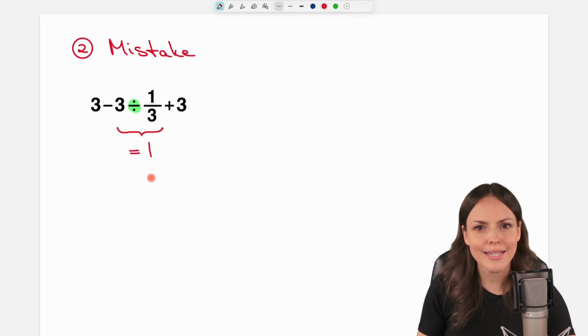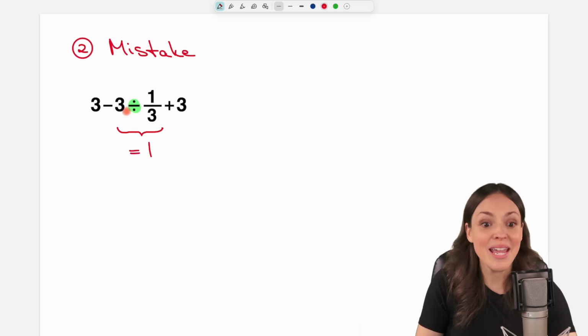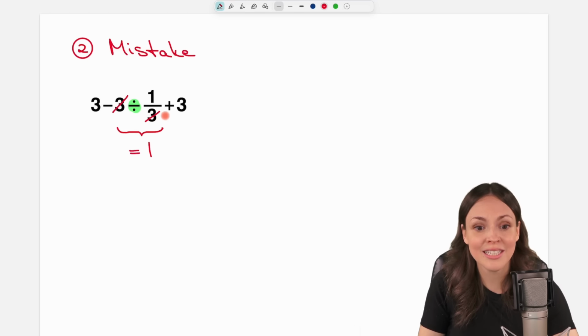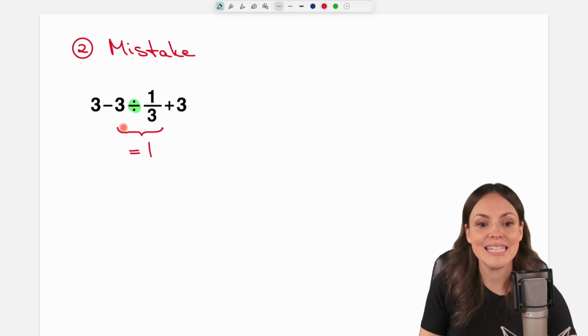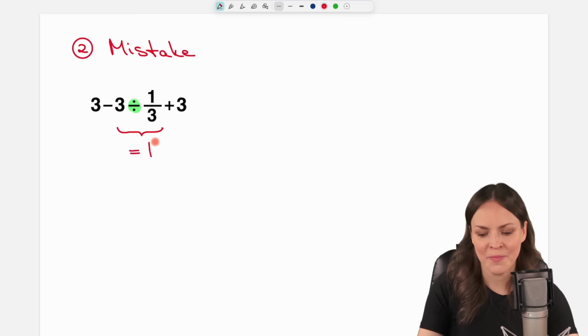I don't know why exactly, but maybe they canceled the 3 here out, but this would only be allowed if there was a multiplication here. But because of the division, this is not a thing, so this result is not equal to 1. We will see what the correct result is, but not 1.